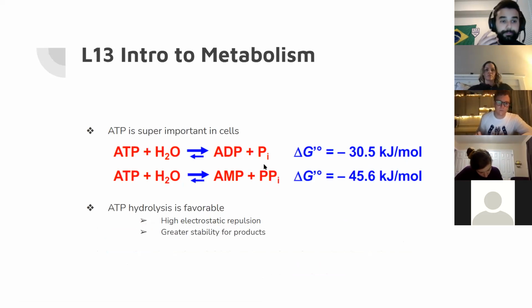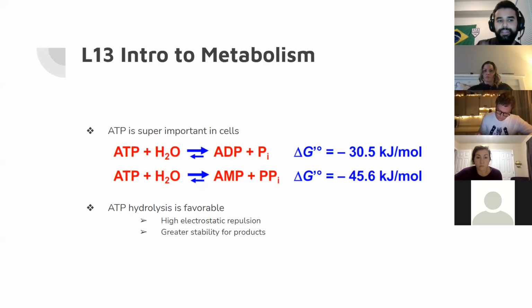Pirch doesn't really need you to memorize numbers, but I would just know that ATP to ADP is a negative 30 delta G, and ATP to AMP is a negative 45. It might be easier if you get asked questions about bioenergetics, so I like to pinpoint those two numbers just in case.